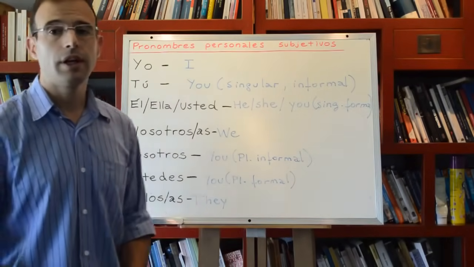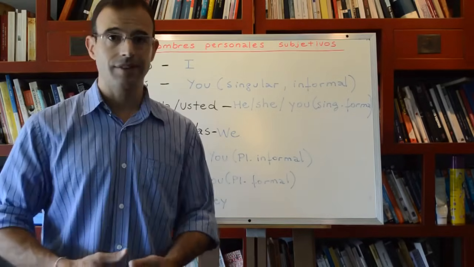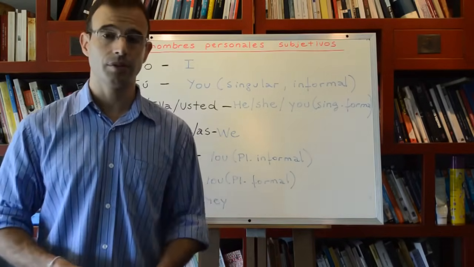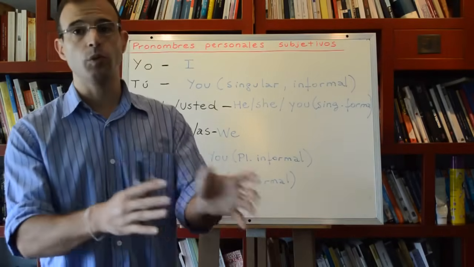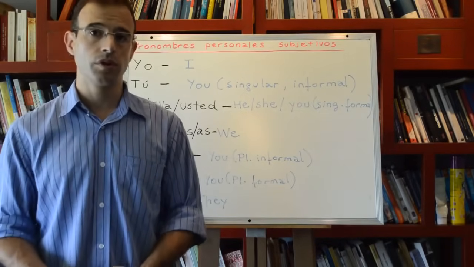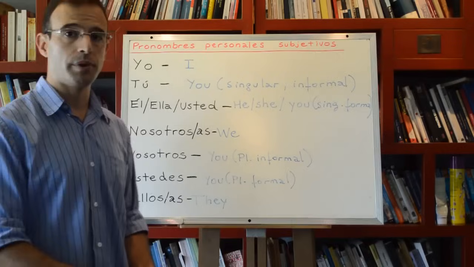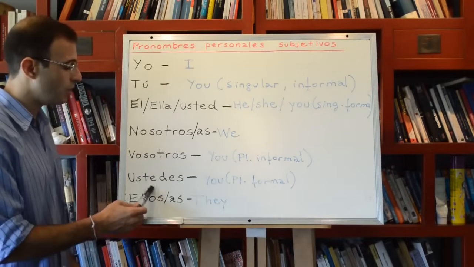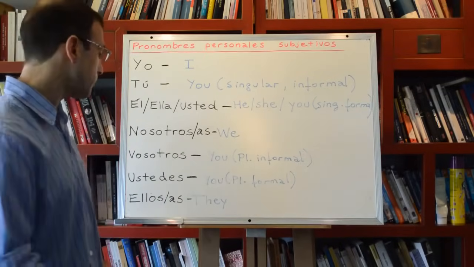That's because the male form is also used as a generic, okay? So if you have a mixed group with men and women, you would default to the male way of addressing, okay? The ellos, same as with nosotros, okay?